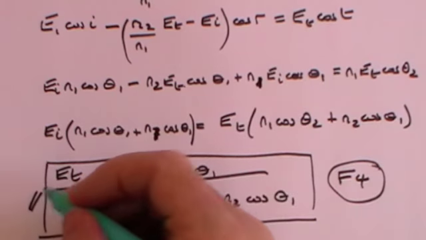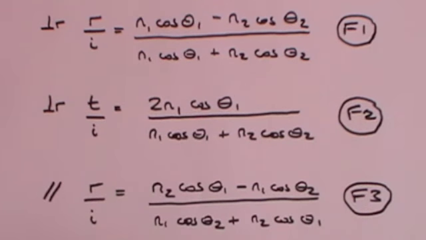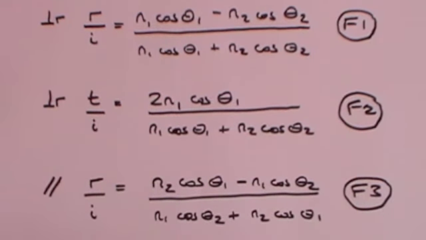for the parallel E vectors, and that tells you that for the parallel E vector, the ratio of the transmitted E vector or the refracted E vector to the incident E vector is given by this equation. So there they are, the four Fresnel equations. Well, at the moment there's only three.